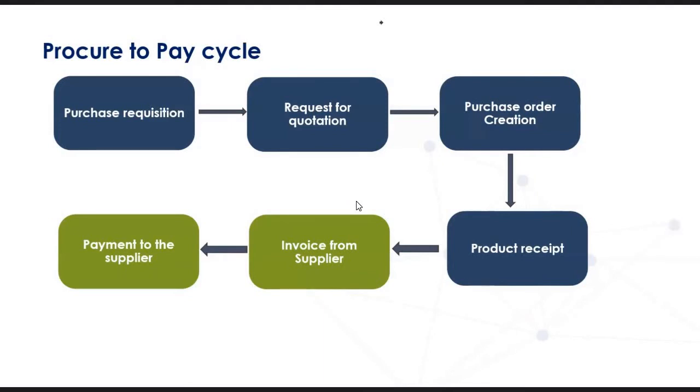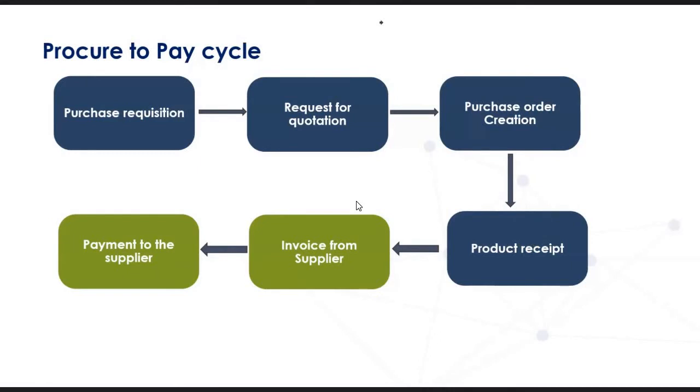Upon receiving the purchase order confirmation, the vendor lets us know the tentative date that he can deliver the goods. Let us assume the vendor confirmed that he will deliver the goods in the next 7 days. On the 7th day, we are going to receive the material.